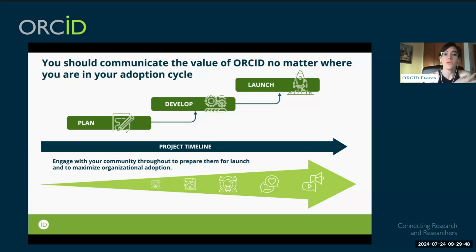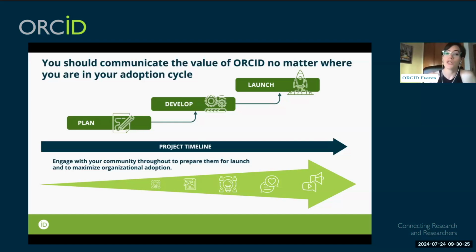And we recommend that you engage with your community through the whole process, so that researchers, for example, know that you're planning to use the tool and understand what they are going to be asked for. You can even mention the process or the type of email they are going to get, because you now have the information about that. And also explain to them why you're adding those affiliations or those professional activities. With that, researchers are prepared for the action, basically.